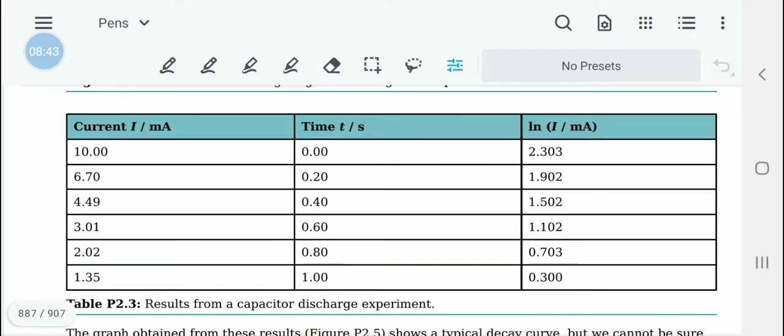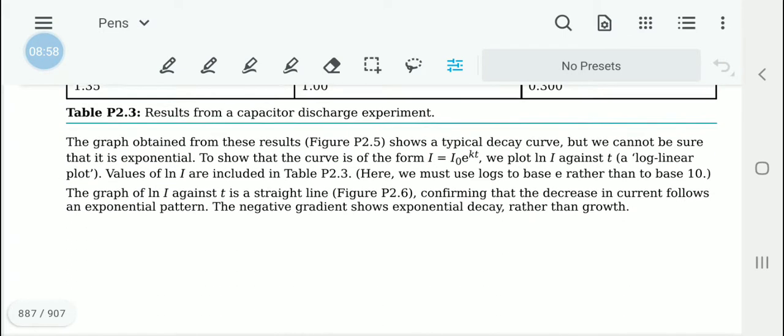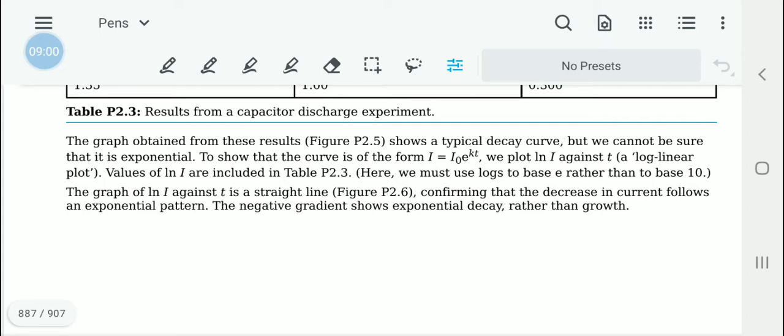The current has been given as I in milliamperes, time as t in seconds, and the natural logarithm of I. After we take these values, we can see a typical decay curve, but we can't be sure without seeing a graph whether it is exponential or not.